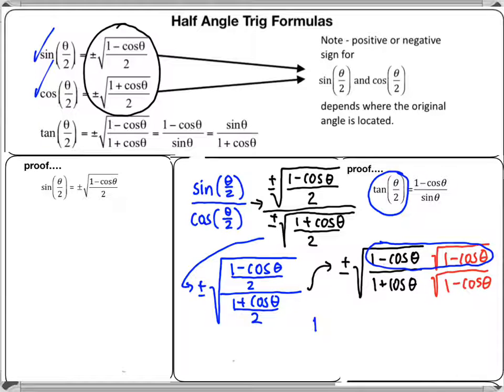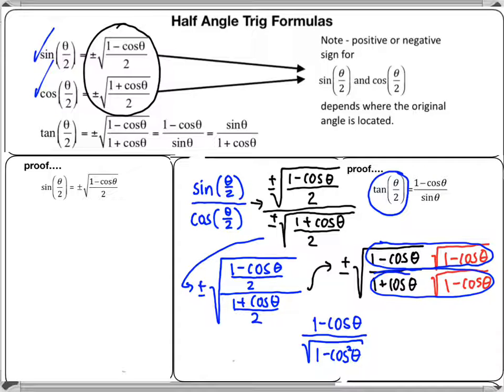I can drop the square root sign, and I end up with that on top. That's good. On the bottom, if I multiply those two together, I'm going to get 1 minus cosine squared when I do these guys right here, okay?